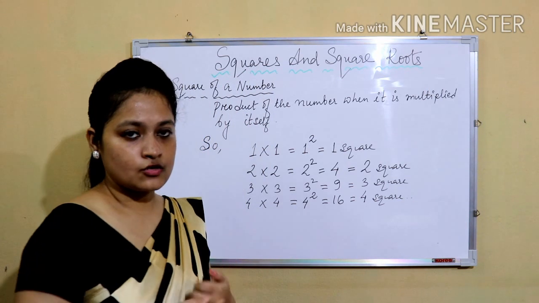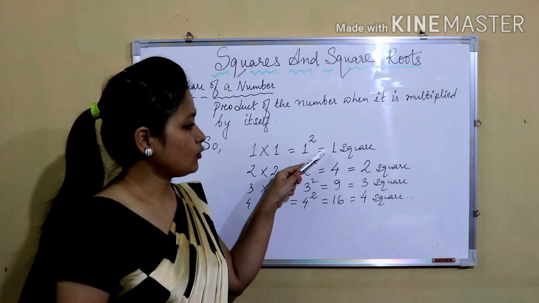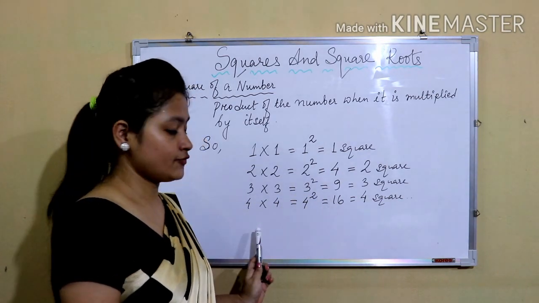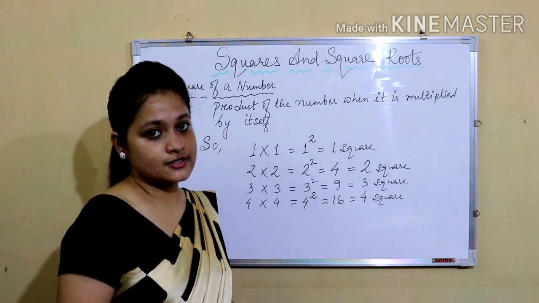And so on. The numbers like 1, 4, 9, 16, and next we get 5 into 5 as 25, are known as square numbers.